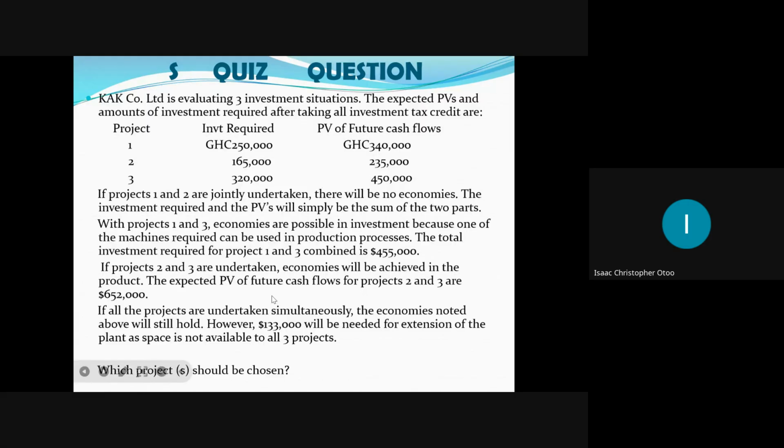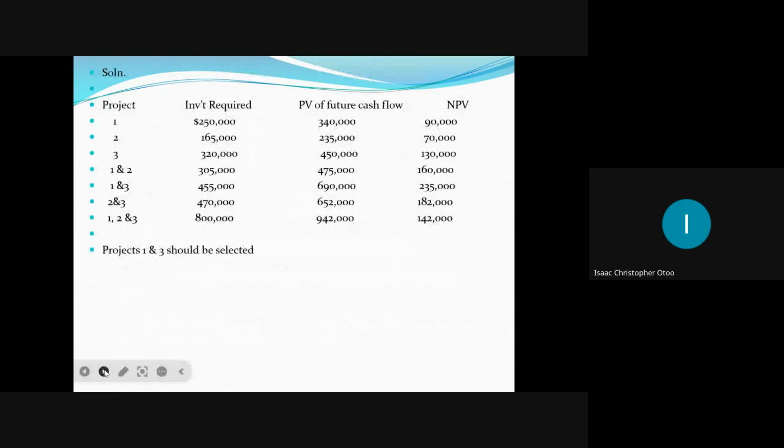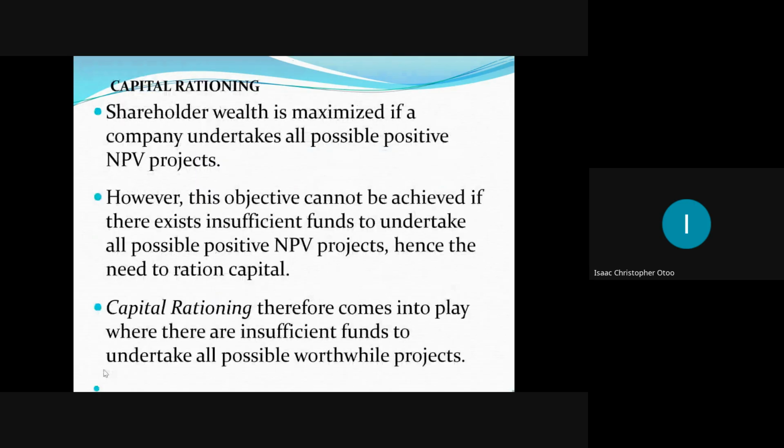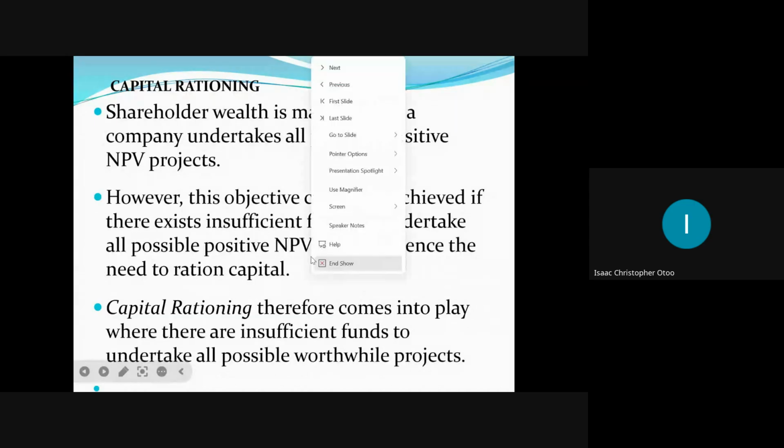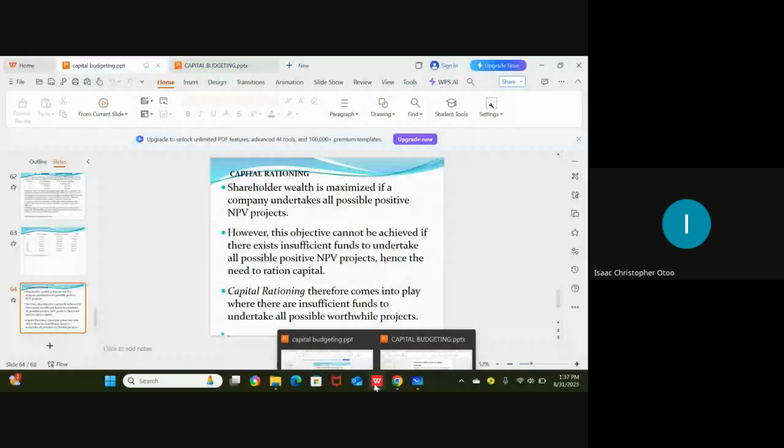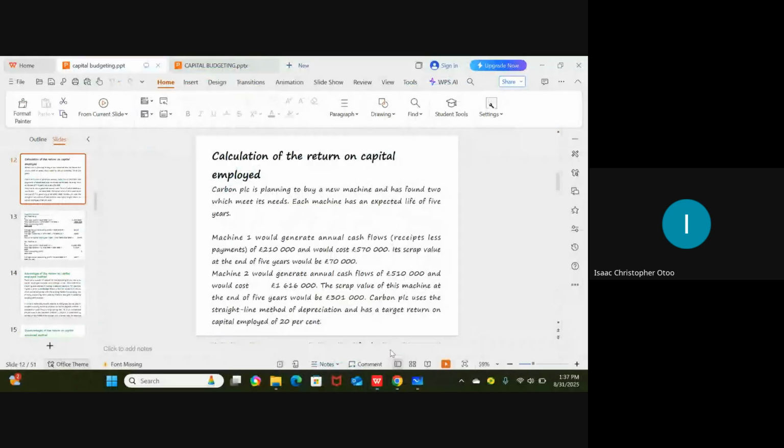That is exactly it will be. Okay. I want us to calculate one NPV.